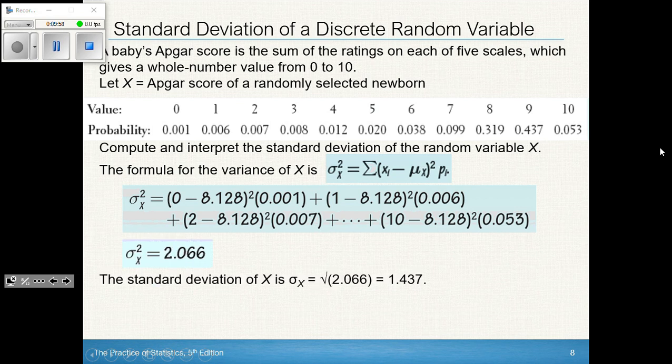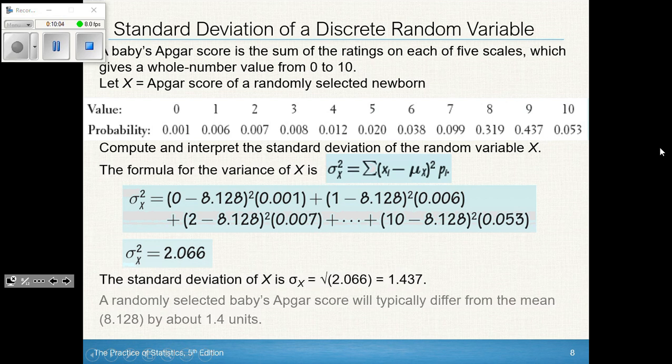Take the square root of that, that's the standard deviation. So a randomly selected baby's APGAR score will typically differ from the mean, which was 8.128, by 1.437. And of course, it's okay to round when you put stuff in sentences.